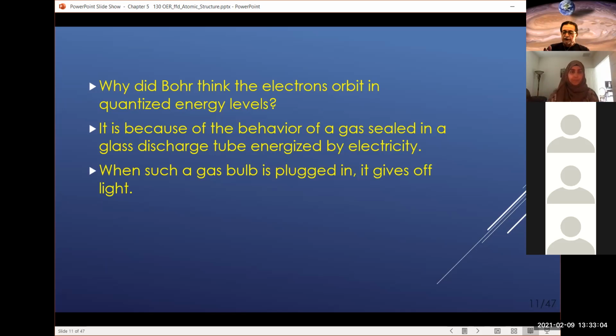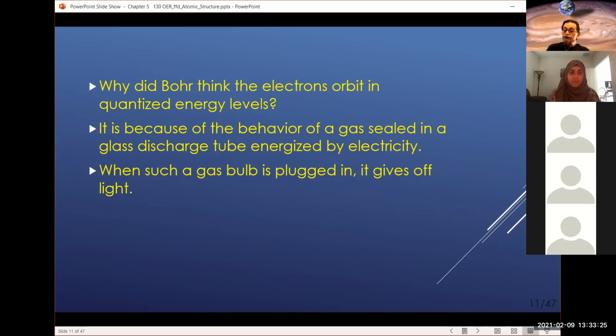Nature being nature, it doesn't like to stay in the excited state very long, so it drops back down. The energy that it absorbed has to be released, conservation of energy. It releases that energy as light and heat.